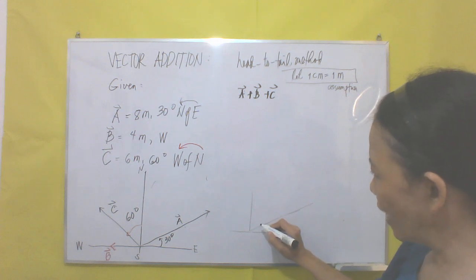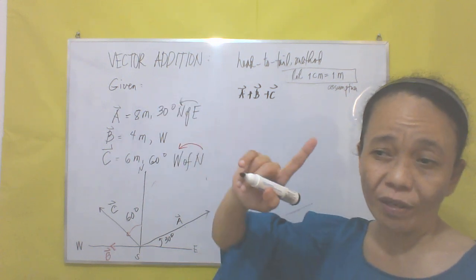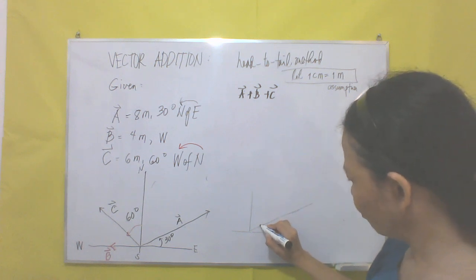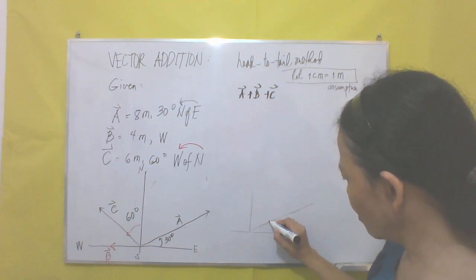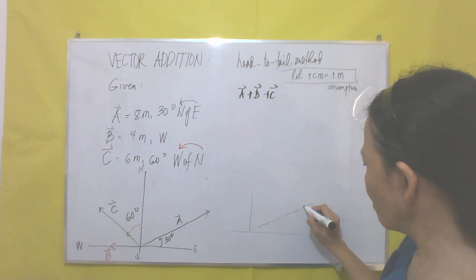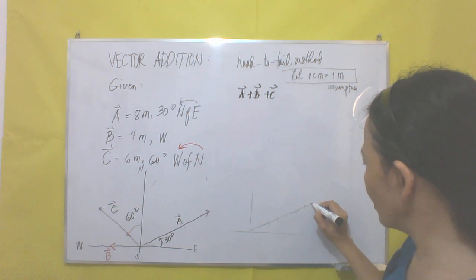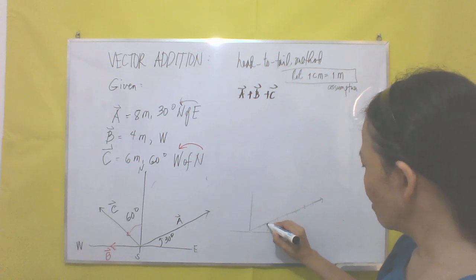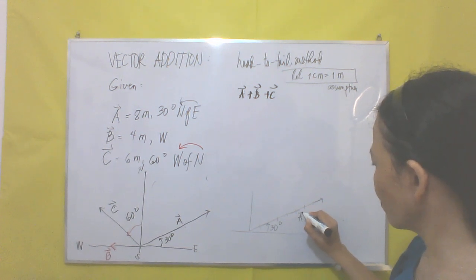So 8 meters, or 8 scales, or 8 centimeters. 1, 2, 3, 4, 5, 6, 7, then we have 8. This is vector A, 30 degrees.